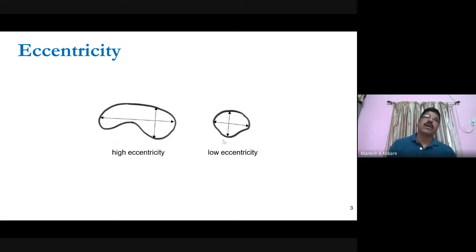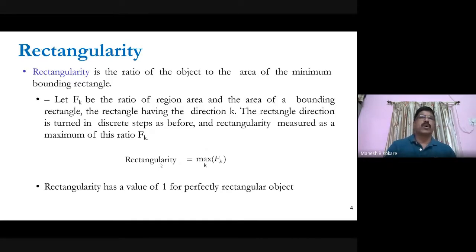If it is defined as the ratio of minor axis to major axis, then the value will be between 0 and 1. If it is major axis to minor axis, this shape will have a high eccentricity value, whereas this shape will have a low eccentricity value. It will be exactly the opposite if it is defined as minor axis to major axis.